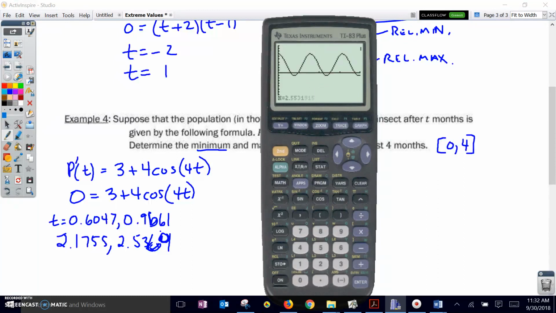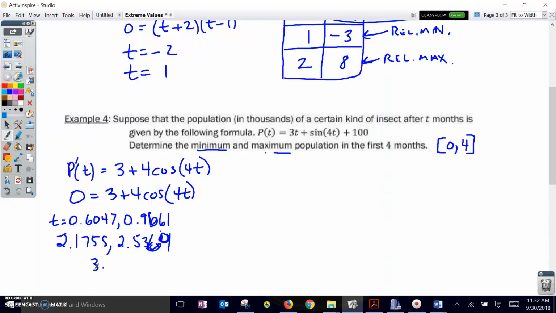And one more. And that one's going to be at 3.7463.